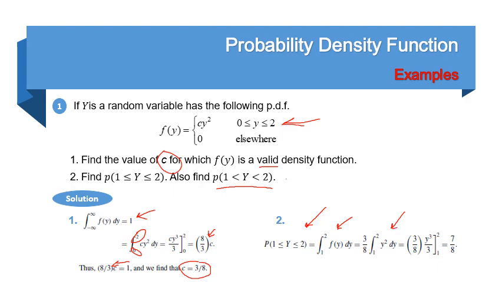As we did before, the integral of y squared will be y cubed over 3. Then we substitute the y one time with 2, minus another time we substitute the y by 1. We get the value of the probability required in number 2 as 7 over 8.